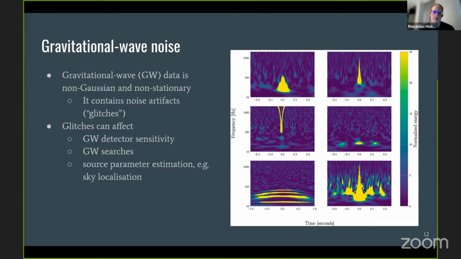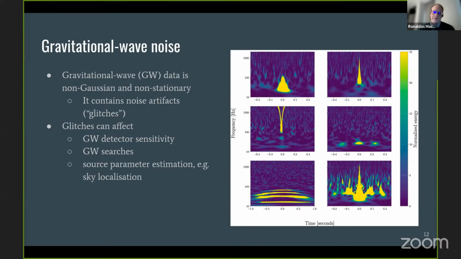Because it's a very massive binary black hole signal, it is going to be a very short signal with high frequency bandwidth, which looks very similar to this glitch. That's why gravitational wave searches get confused when they see this sort of glitch and think that maybe it is actually a signal. So they can affect gravitational wave searches.